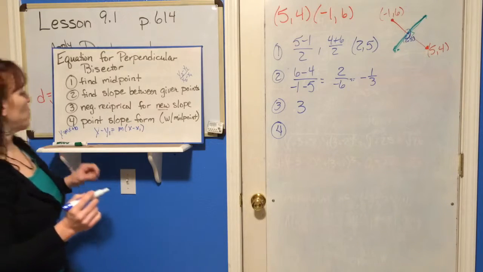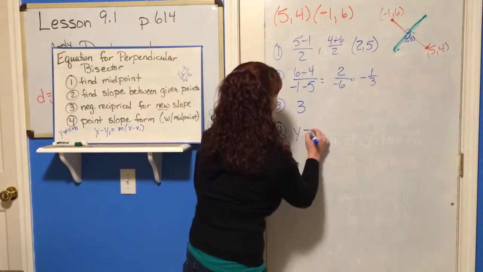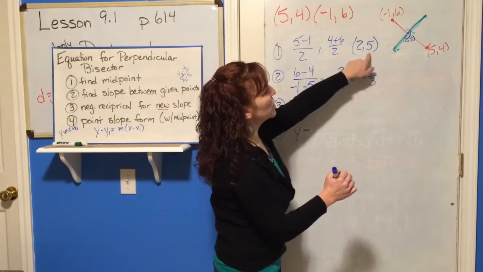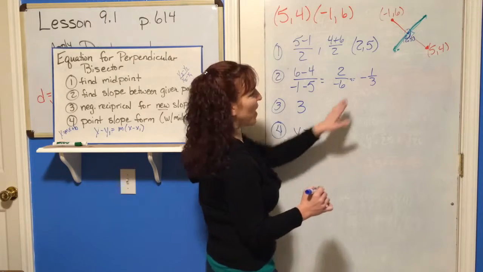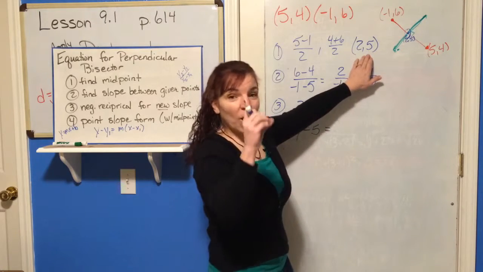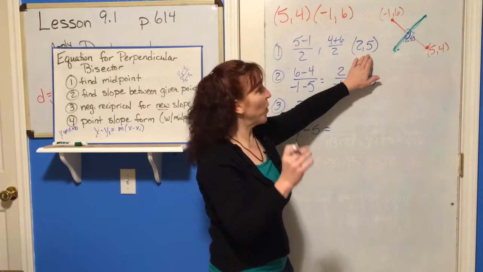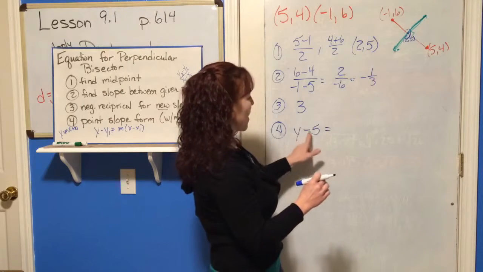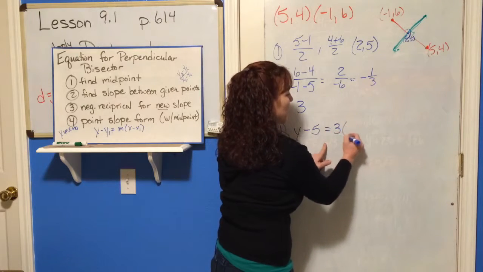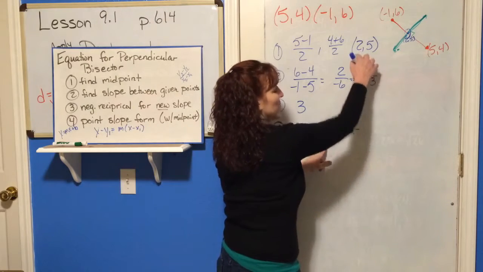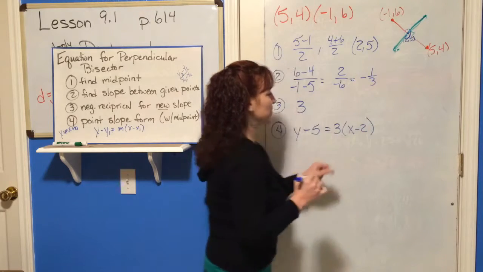All right, so y minus, the y value of the point that we know is 5. So y minus 5 equals the slope, which is our m, times x minus 2.